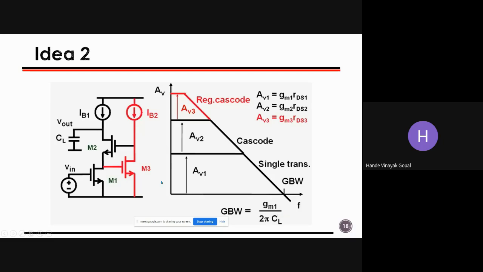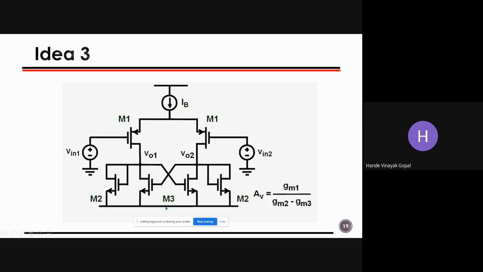This is also one of the techniques people are using, but you always have to make sure about the swings of the operational amplifier. Sometimes it may happen that one of the transistors gets into the linear region, so that it creates a non-linearity at the output, right? This is idea 2.